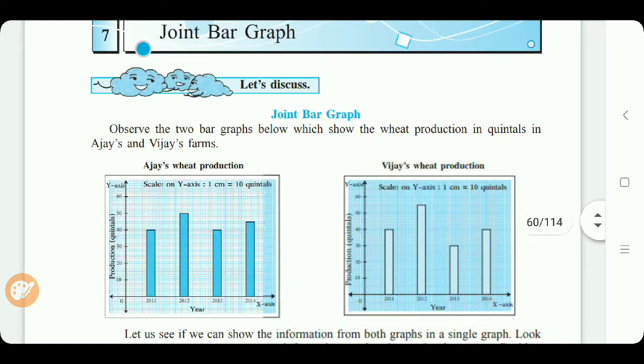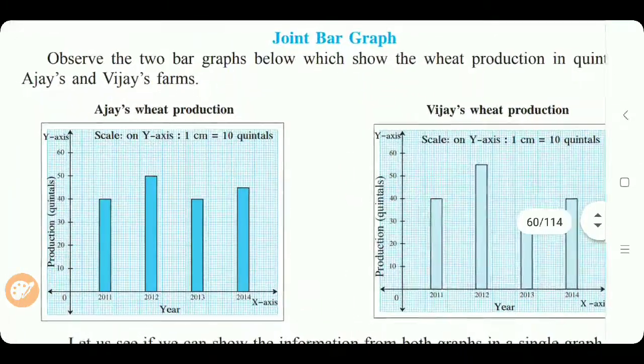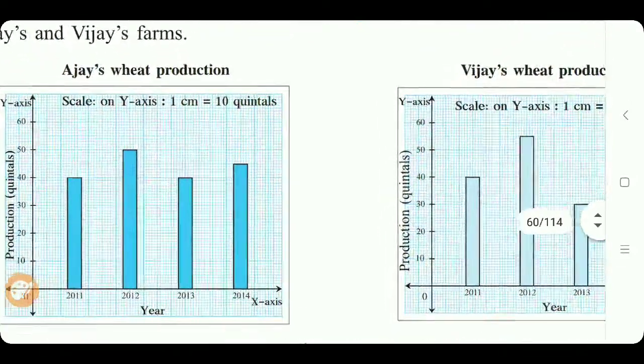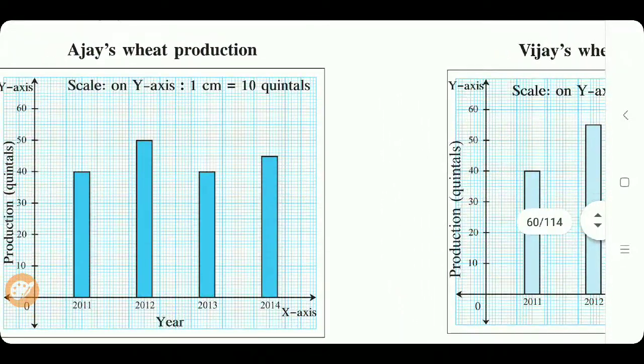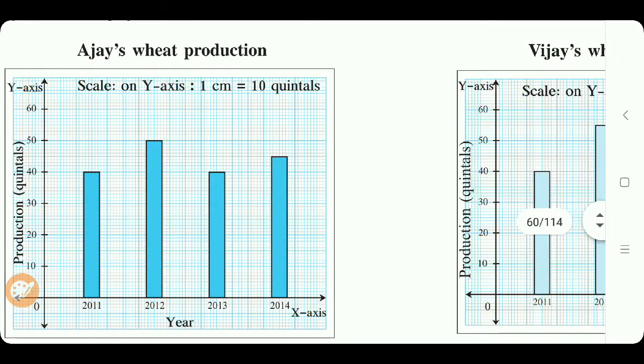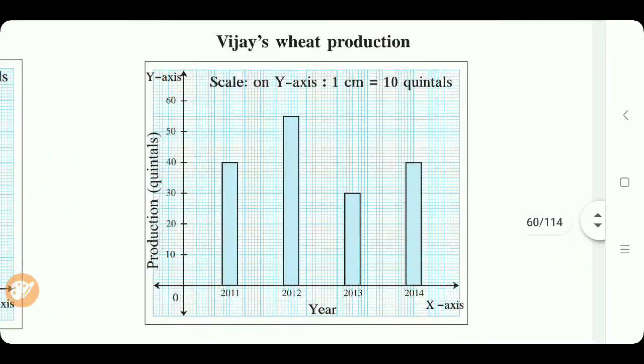First we will go to the first bar graph, that means Ajay's wheat production, and you will see 2014. In 2014 we can see 45 quintal. Ajay's wheat production is 45 quintal, and same here in Vijay's wheat production, 2014 is 40 quintal.